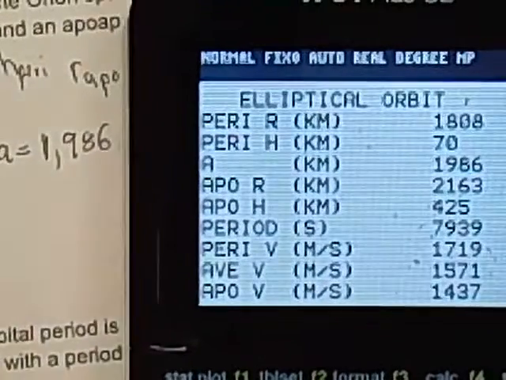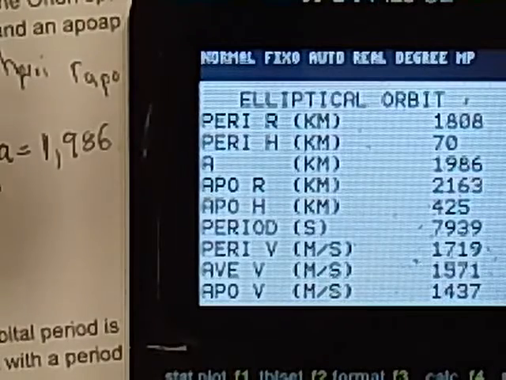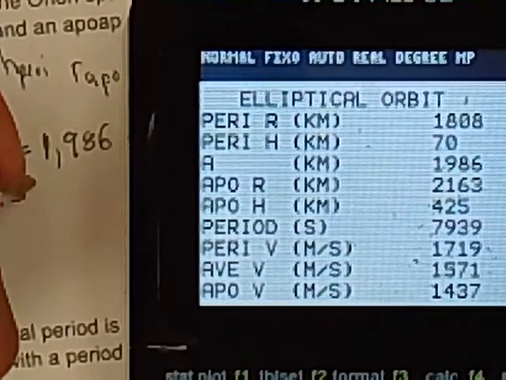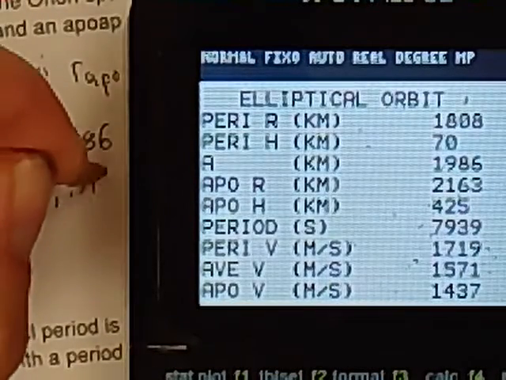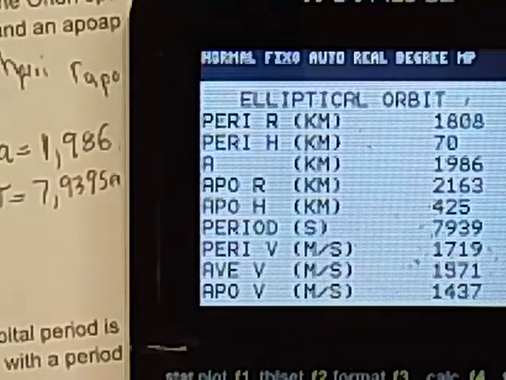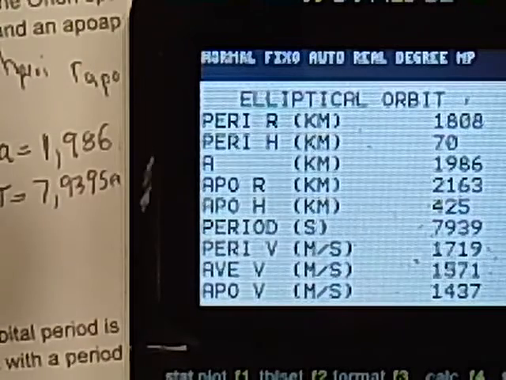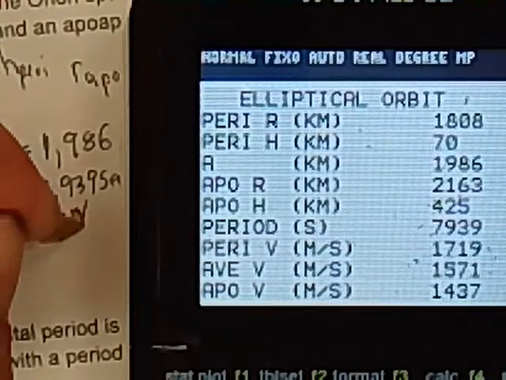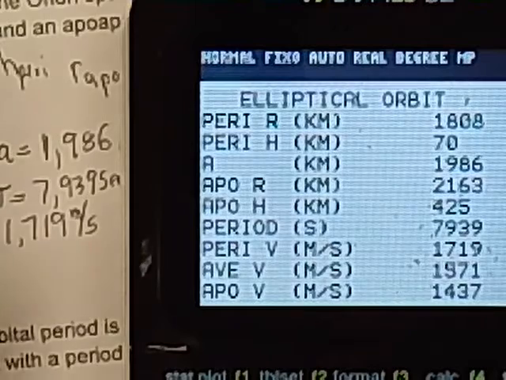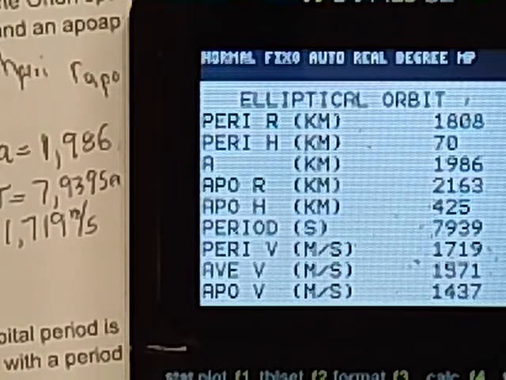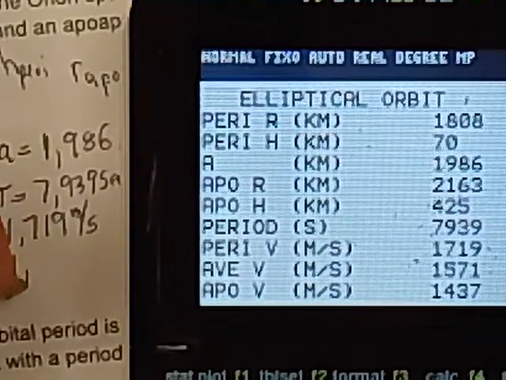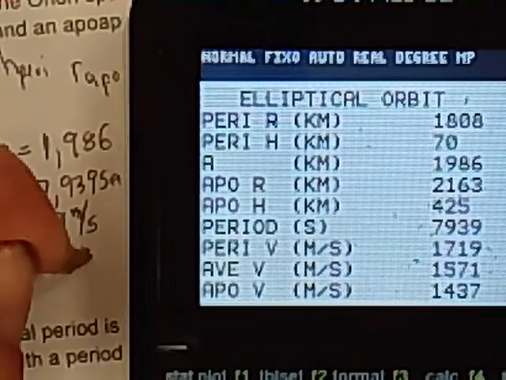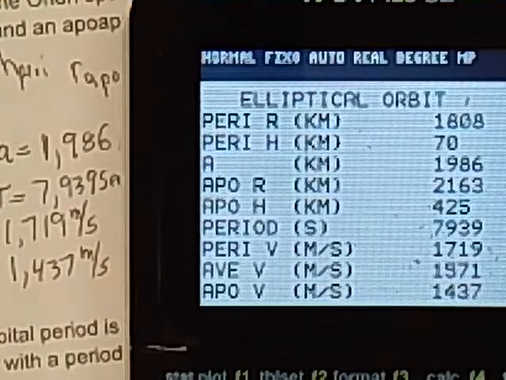The orbital period, T, is 7,939 seconds. The periapsis velocity is 1,719 meters per second. And the apoapsis velocity is 1,437 meters per second. Whoops, I don't really want to quit.